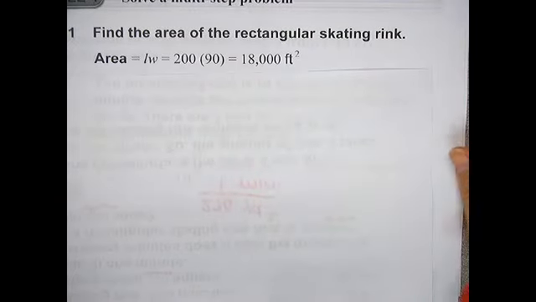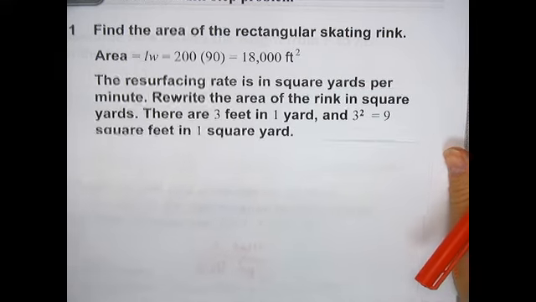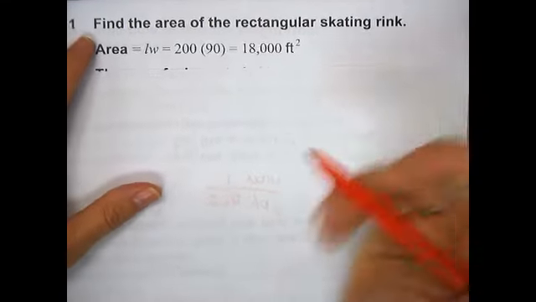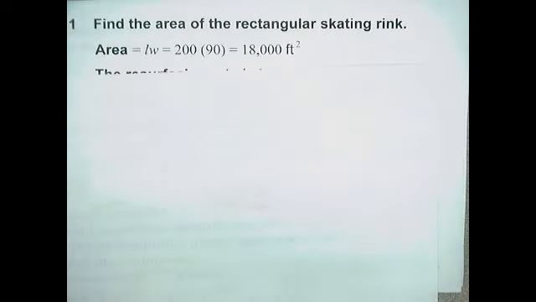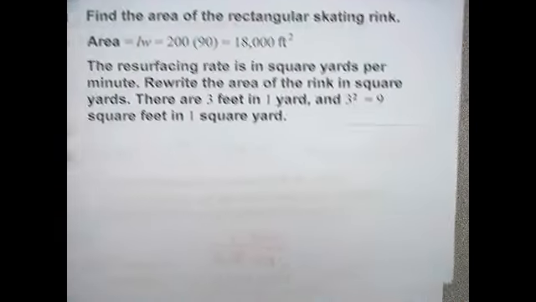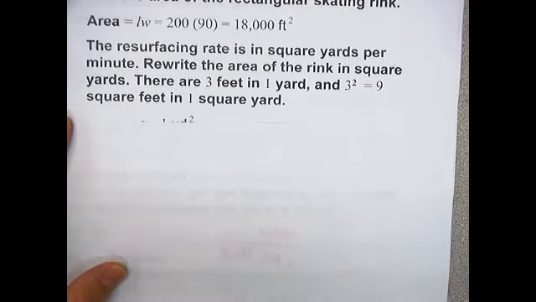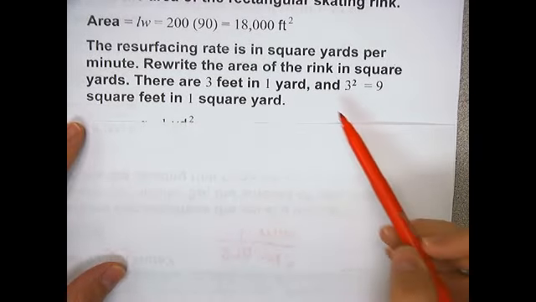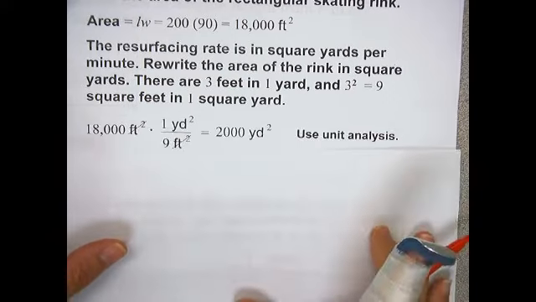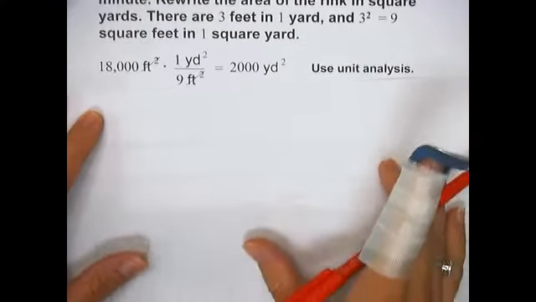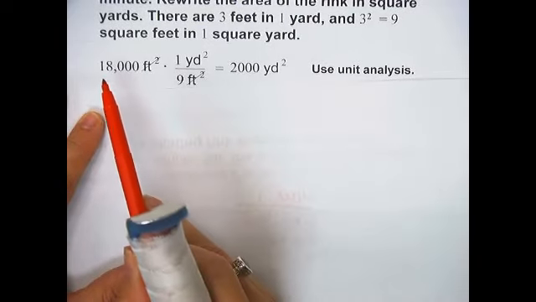And the area is, it's a square rink, so length times width, you get 18,000 square feet. But now we need to convert that. So since it's in square yards, we need to convert or figure out how many square feet are in a square yard. Okay, so if you think about this, the resurfacing rate is in square yards per minute. Rewrite the area of the rink in square yards.